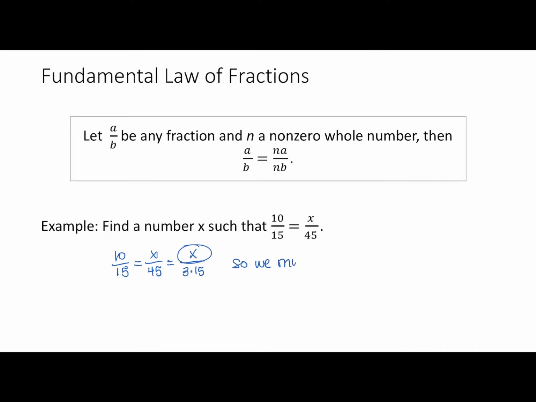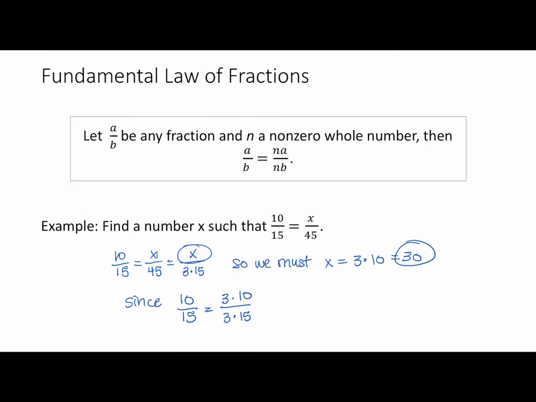So we must have x equal to 3 times 10, which is 30. Since 10 over 15 we know is equal to 3 times something over 3 times 15. And I'm sorry, that has to be 3 times 10, right? Okay, so x is 30 here.